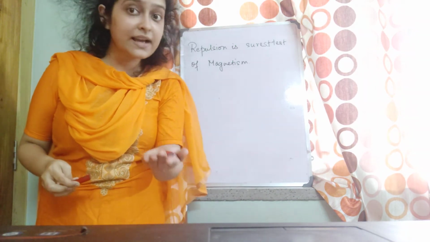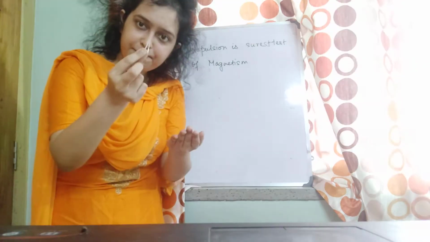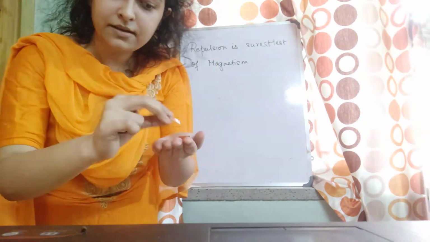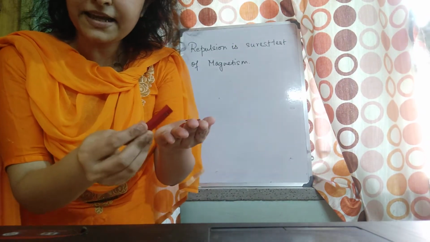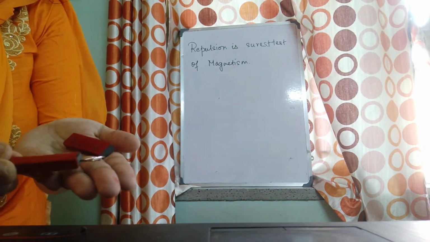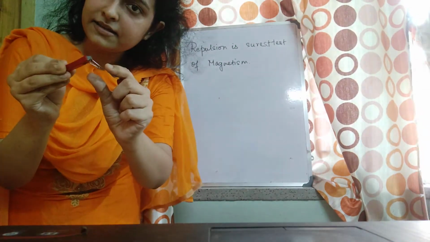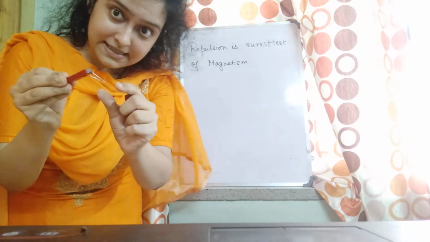No, we cannot, because what if I have this pin with me? If I bring it closer, see, it's getting attracted to it, but this is not a magnet, right?